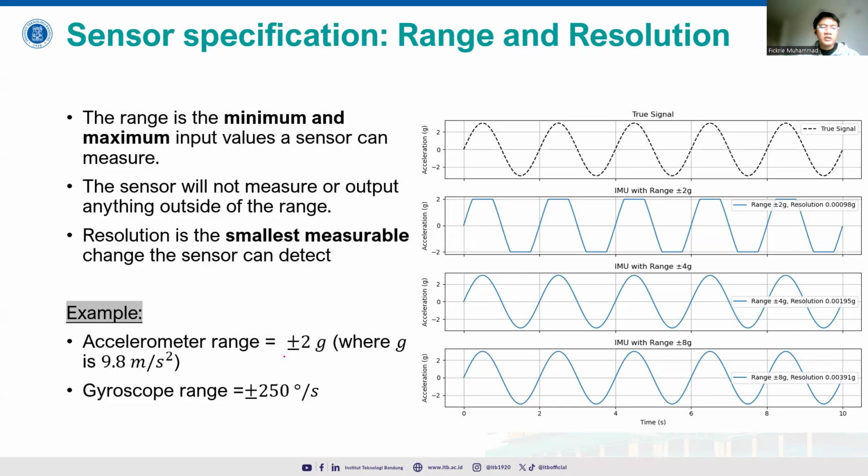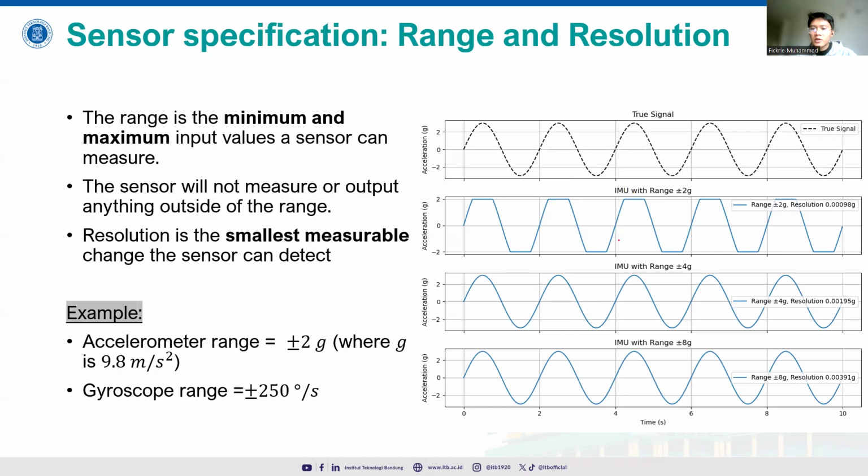Yeah, and basically the sensor will not measure anything outside the range, and the resolution is the smallest measurable change the sensor can detect. For example, the range is about 250 degrees per second. Here, as you can see, there are discrepancies between the true signal of the vehicle movement and the measured one, for example between the 2G and the range. Outside that range, the accelerometer or the IMU cannot measure anymore.